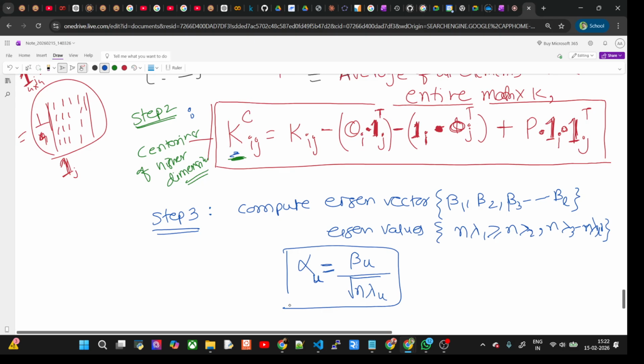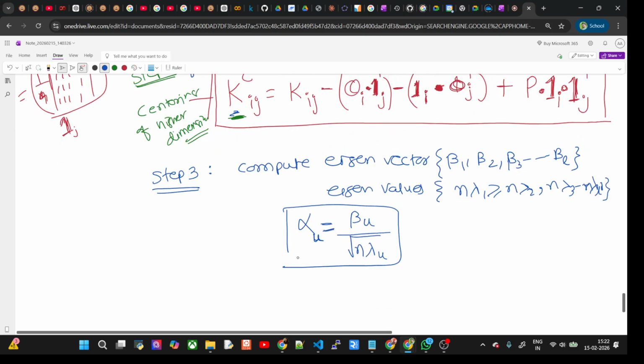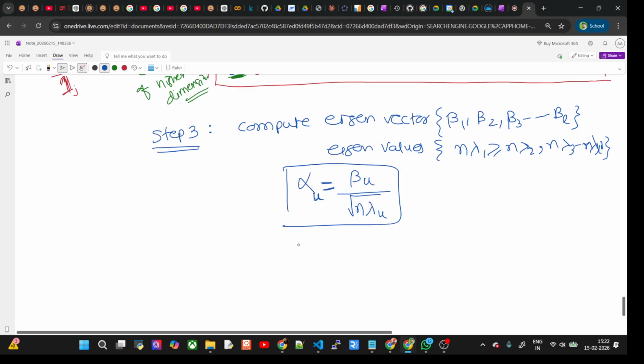But what was the next step? Generally we saw in the earlier lecture that in step number 4, step 4, you calculate the w. How do you calculate w? You calculate x into alpha k. What is x?